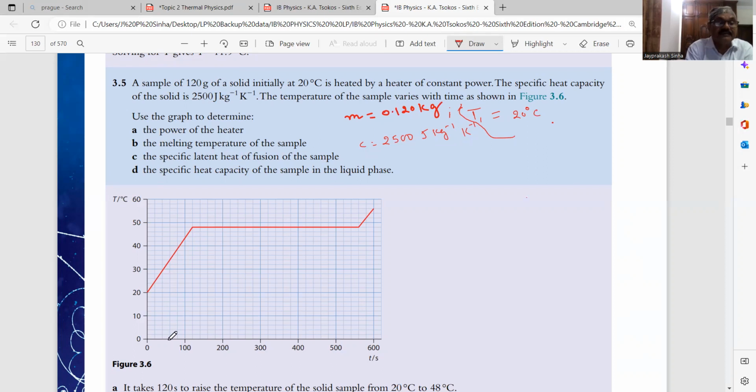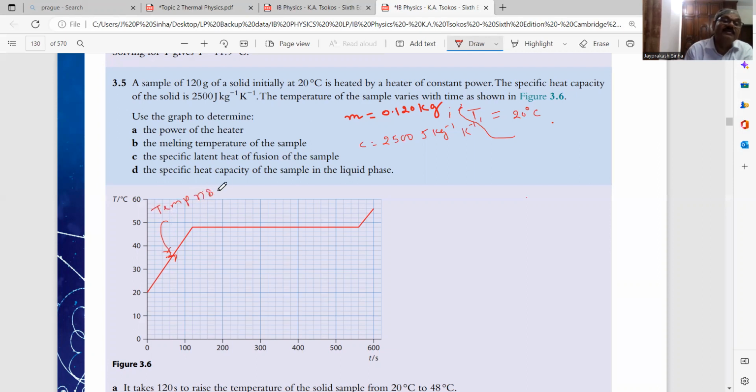Now come to the figure. See here, the initial temperature is 20 degrees Celsius. And this straight line shows that the temperature is increasing.